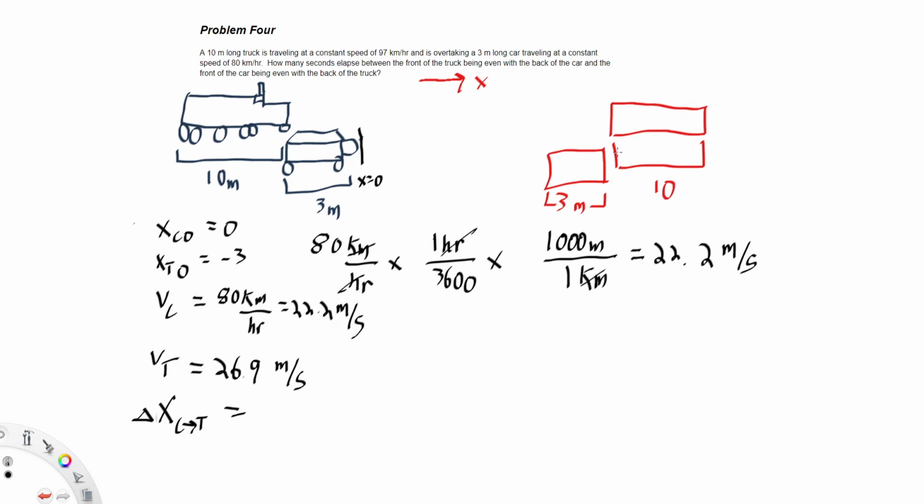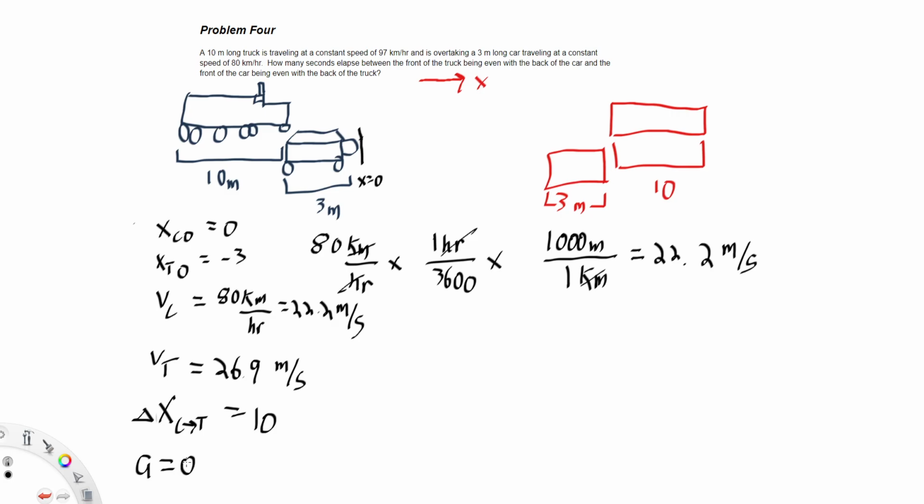So that at our second point in time, the front of the truck is now 10 meters ahead of the front of the car. All right. So now we have enough information to go after what we want. And we've got, also, our accelerations are 0 in both cases.